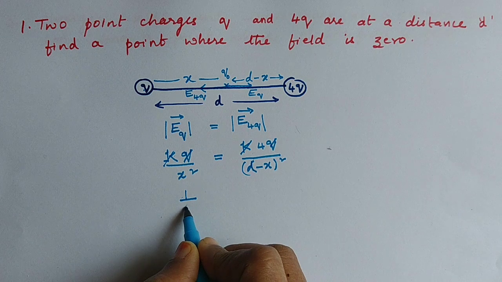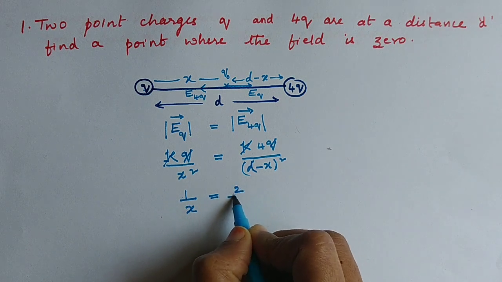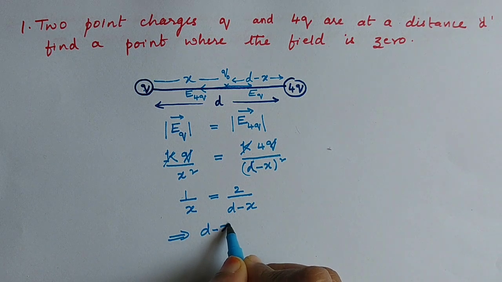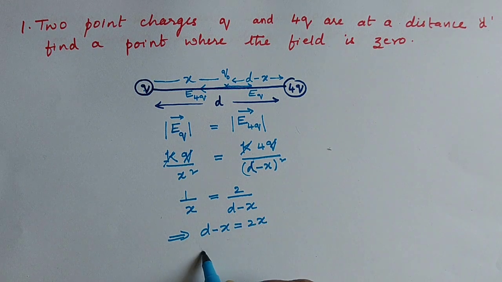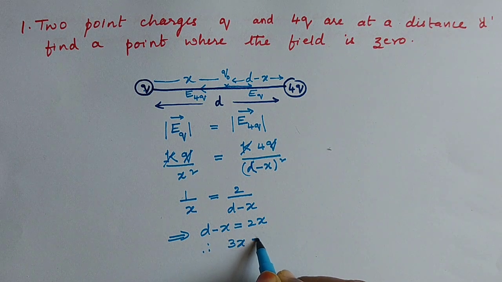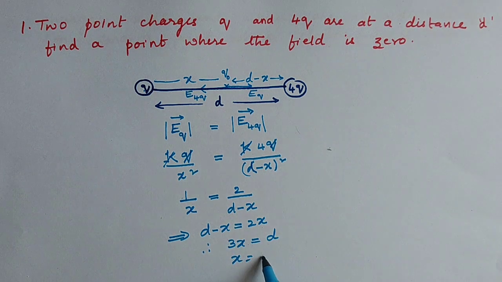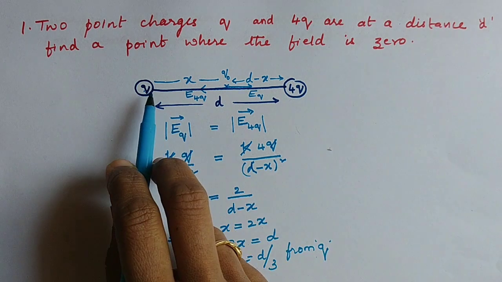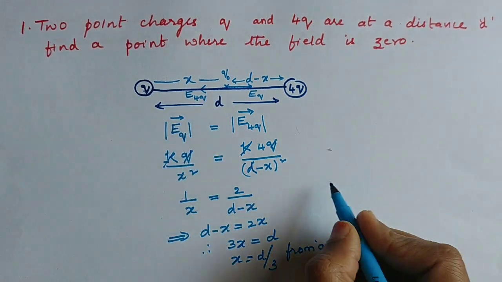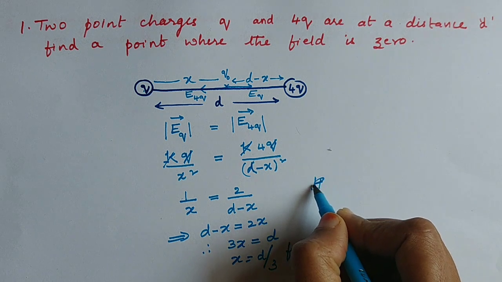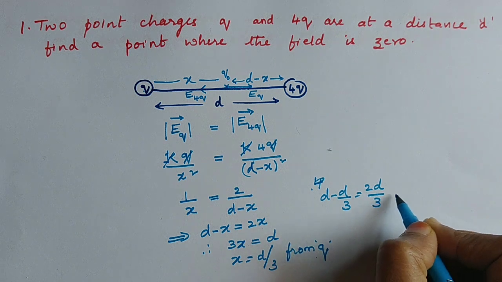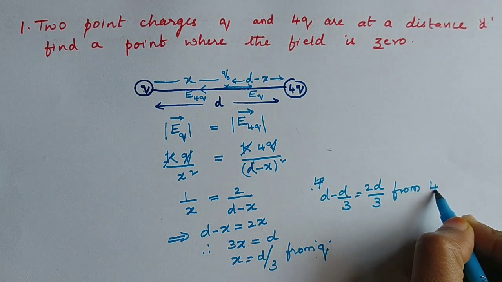Applying square root on both sides, 1 by x is 2 by d minus x, implies d minus x is 2x, therefore 3x is d. So we get x as d by 3 from Q. Answer can also be written as, if it is at a distance d by 3 from Q, it will be at a distance d minus d by 3, that is 2d by 3 from 4Q.